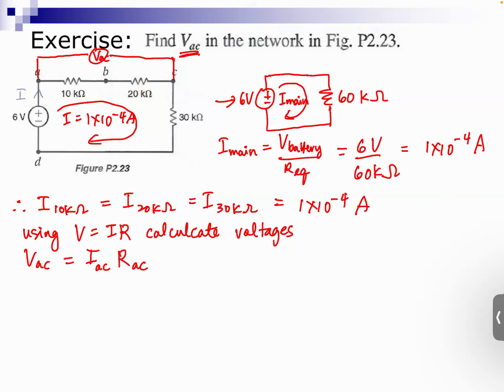The current is the same as the main current because you have a series connection, 1 times 10 to the minus 4 amps, times the resistance between points A and C. You simply add the resistances, so that's 30 kilo ohms. Kilo is 10 to the 3 ohms, which gives you a voltage of 3 volts.